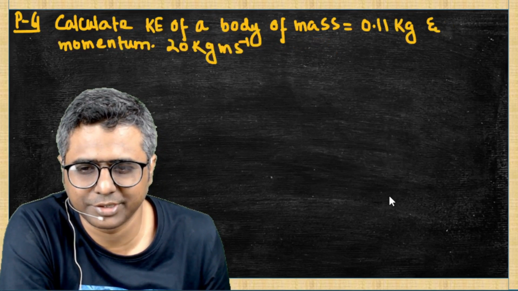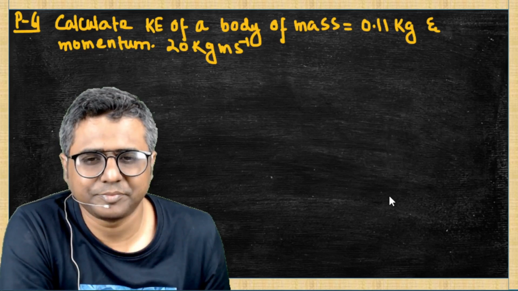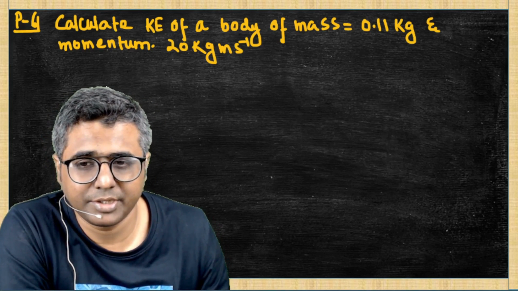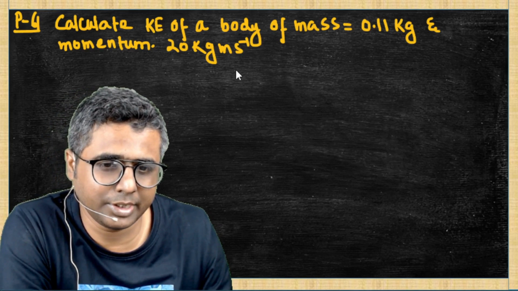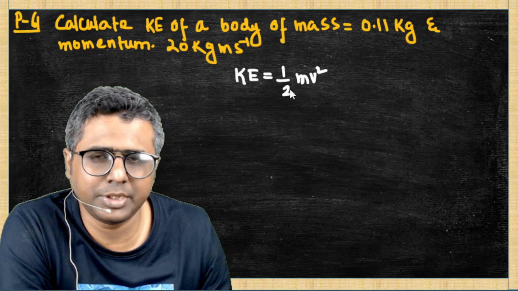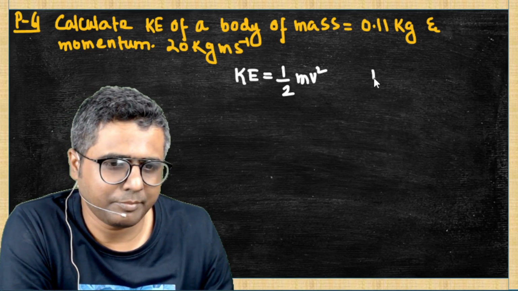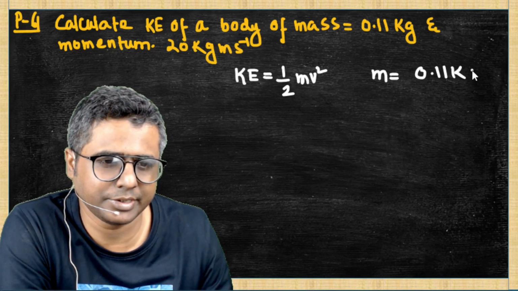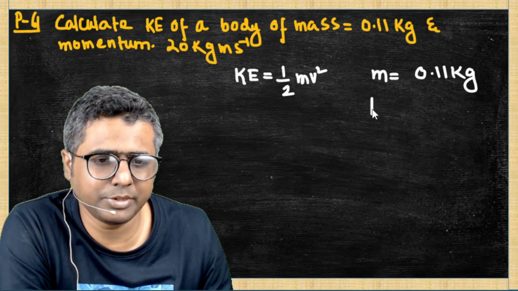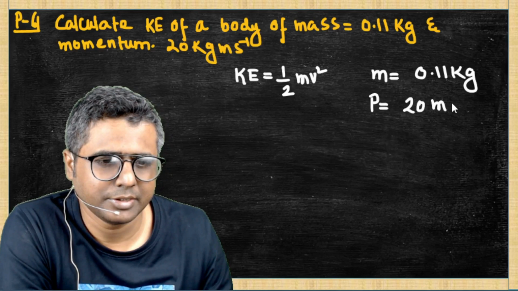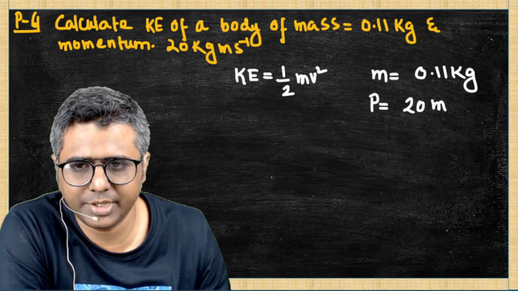It's a God's gift. Okay, next, calculate kinetic energy of a body. In this case you have to calculate the kinetic energy of the body. So I'll write down the kinetic energy formula, because anyway I will be using this, right? Mass is given as 0.11 kg and momentum is also given, P is equal to 20 kg meter per second.